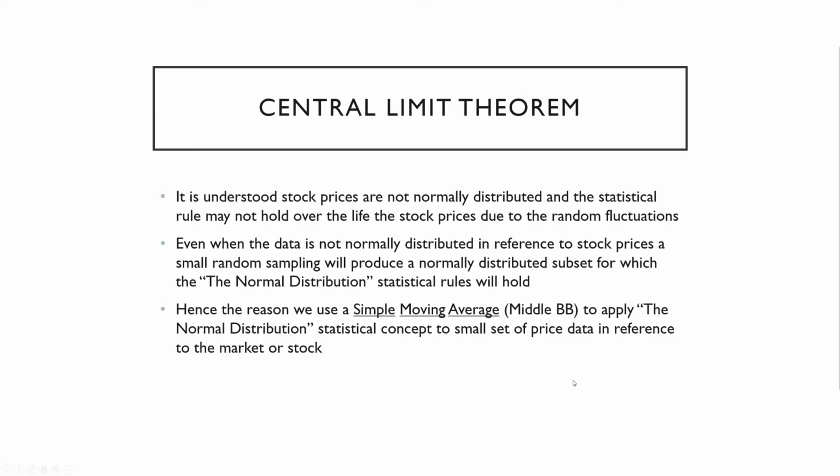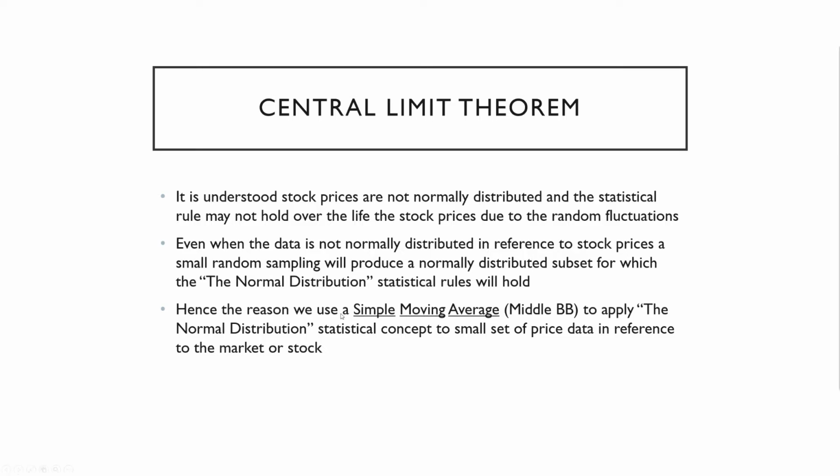So give or take, let's say Apple's been around for many years. We couldn't apply that normal distribution concept to Apple over its lifespan, right? Because Apple has ranged in a lot of different prices.